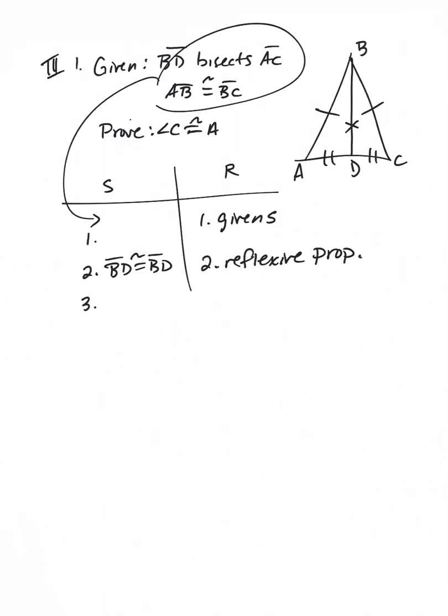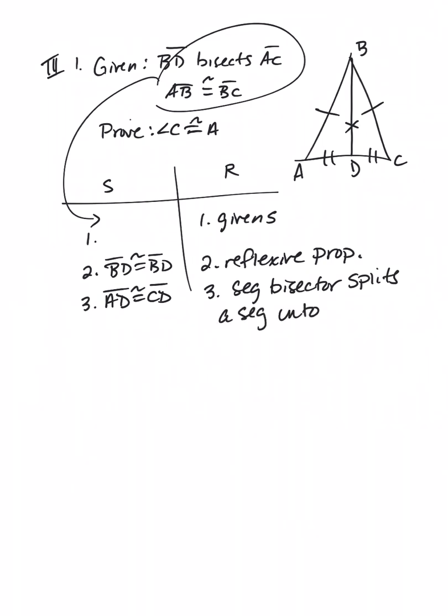Then we're going to put that AD is congruent to CD, and that is because a segment bisector splits a segment into two congruent segments. I'm also fine if at this point you just write definition of segment bisector.